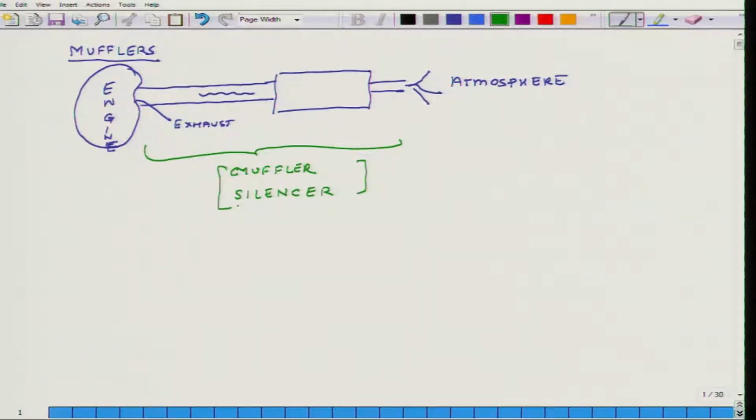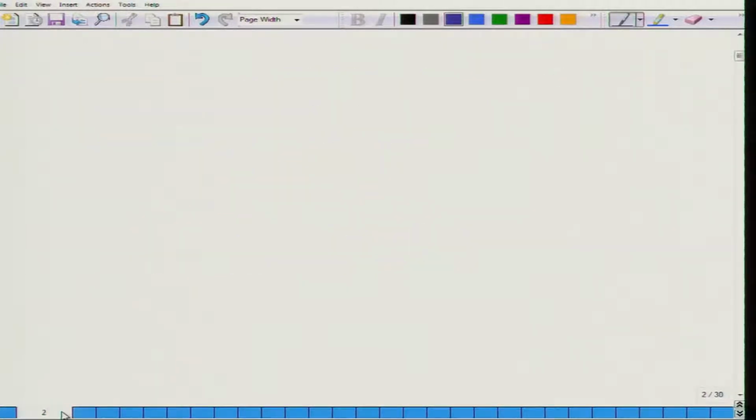Okay. So, what we will discuss today is design and analysis of mufflers. Now, there are several types of mufflers.